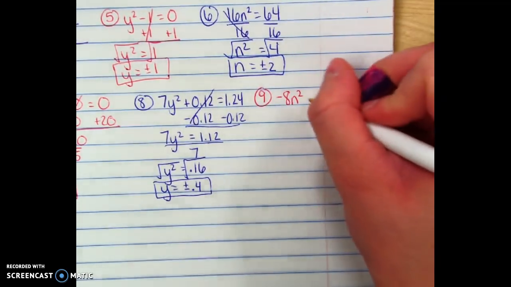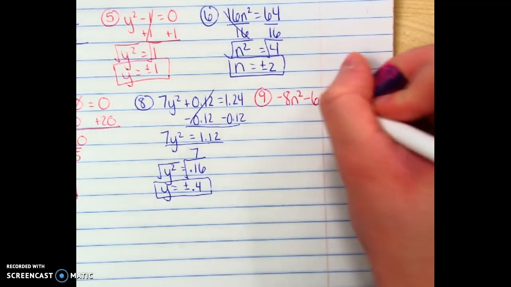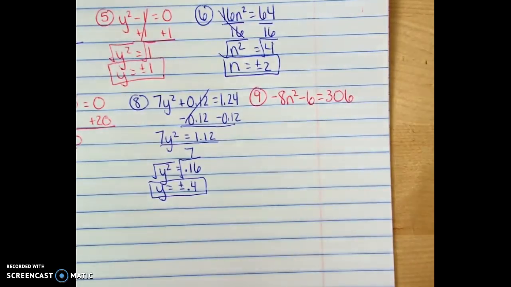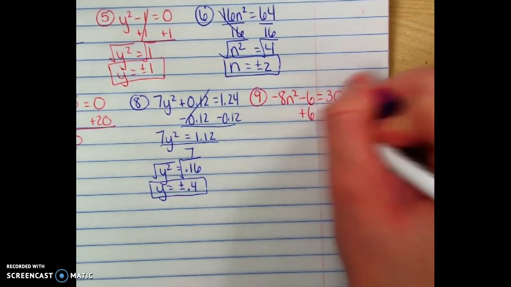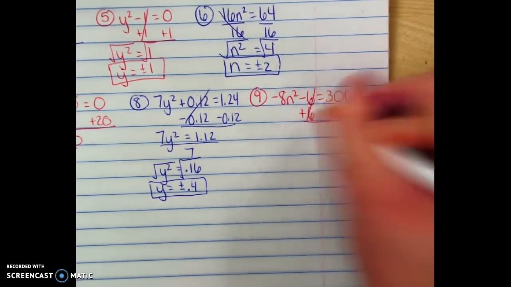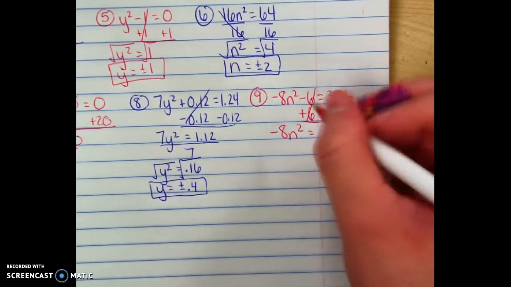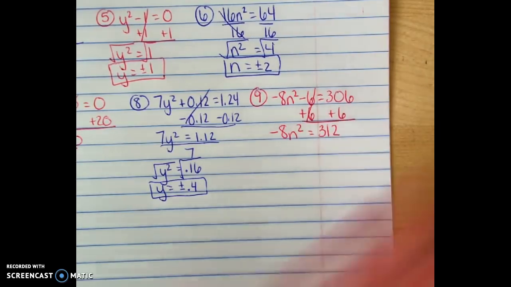Negative 8n squared minus 6 equals 306. So I'm going to add 6 to both sides. Negative 8n squared equals 312.